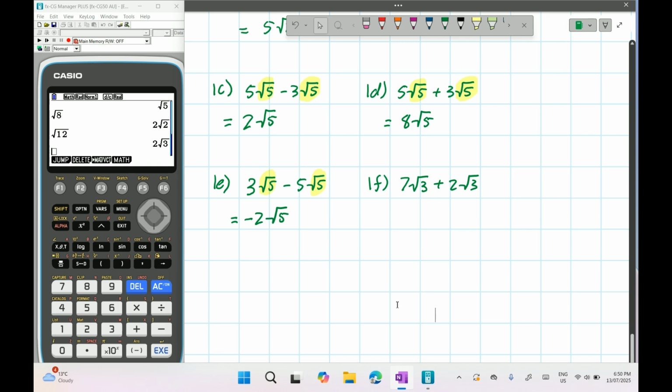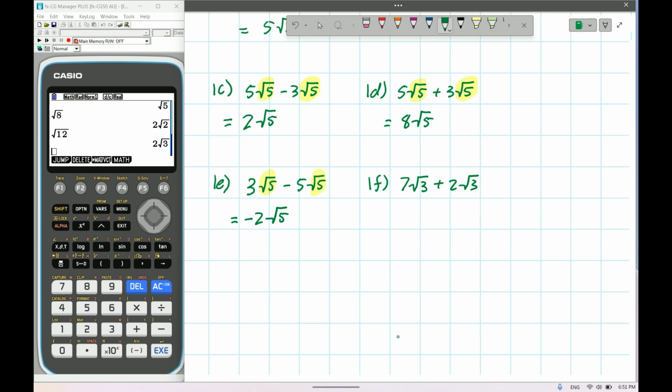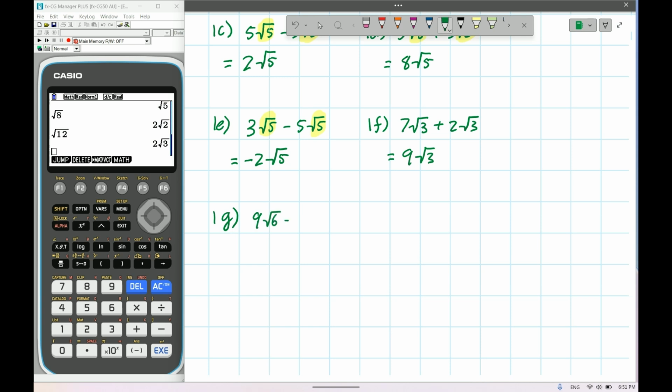Right. So because you have square root 3's that are common in both terms, they're considered to be like terms. So you can just go 7 plus 2, which will make 9 root 3. Then 9 root 6 minus 12 root 6.